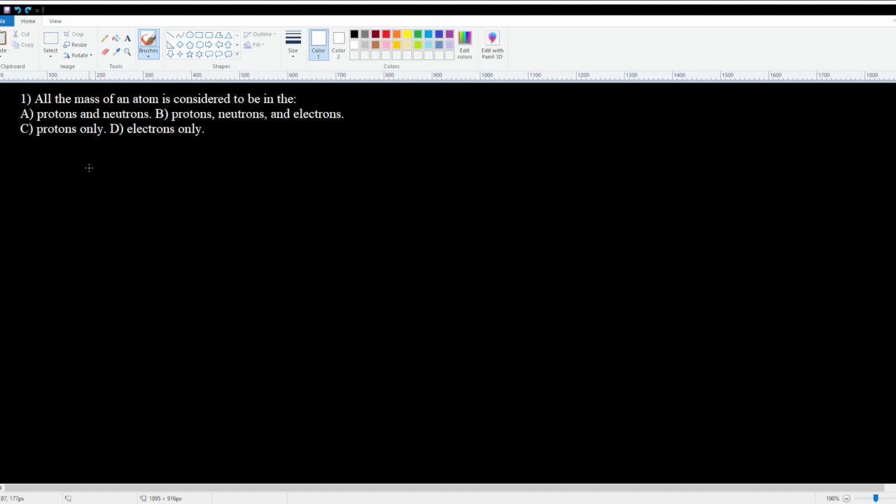Okay, so number one: all of the mass in an atom is considered to be in the A, protons and neutrons, B, protons, neutrons, and electrons, C, protons only, and D, electrons only. So when measuring the mass of an atom, one proton is equal to 1 AMU. AMU stands for atomic mass unit.